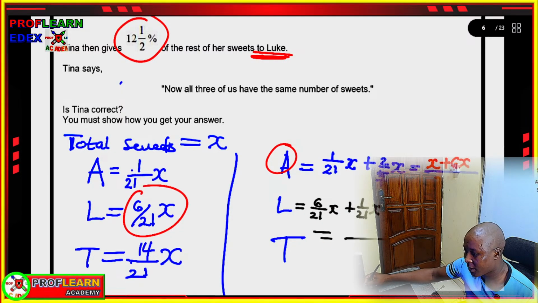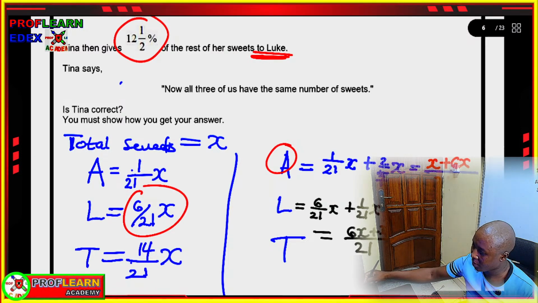The LCM here is going to be 21, and this is going to be 6x plus x, and that's going to be 7 over 21 x. If you cancel out, you are going to have 1 over 3 x.